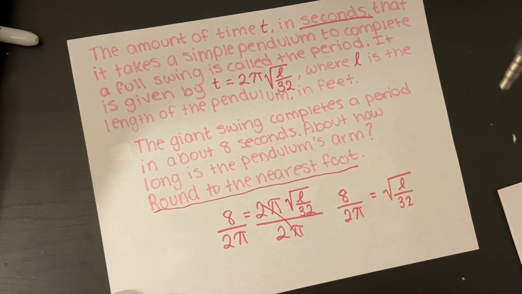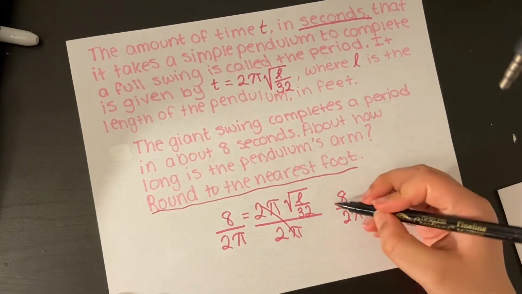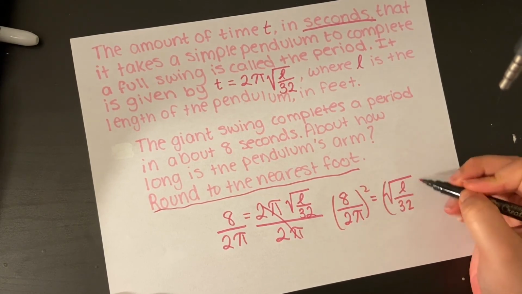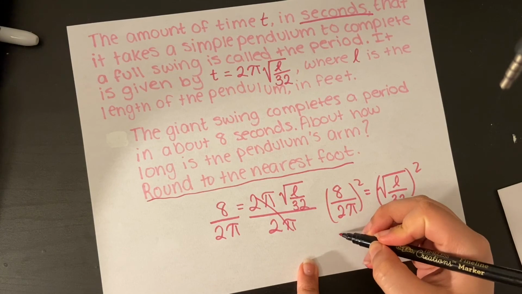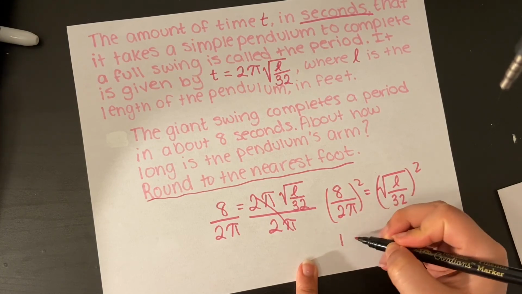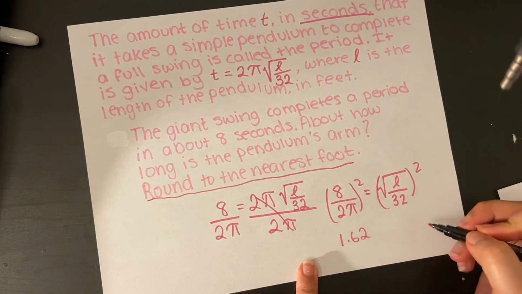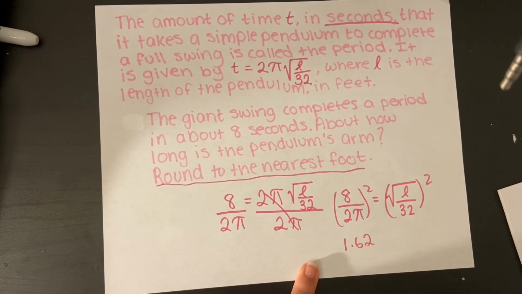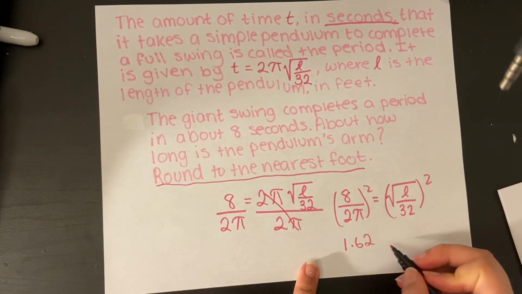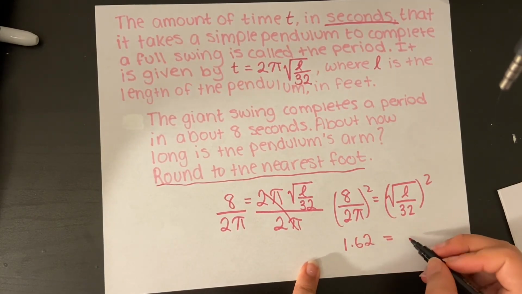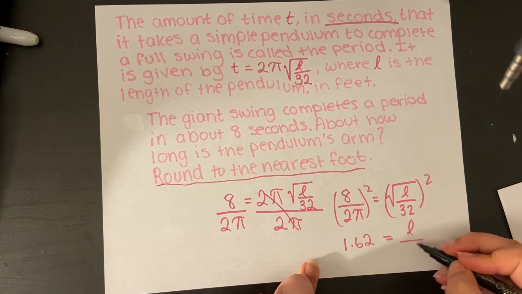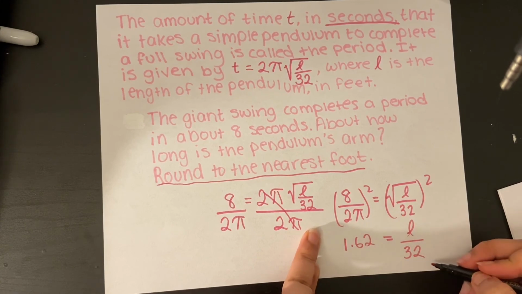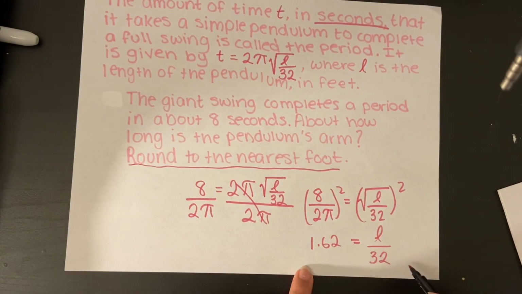Now if we square both sides, we're left with 1.62. Hold on, I had to put it into my calculator. So 1.62 is equal to L over 32. Now it's a pretty clear shot.